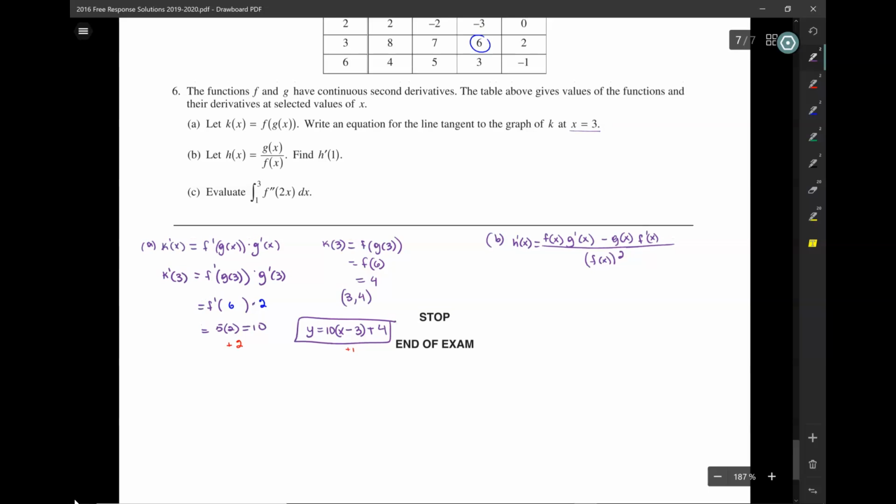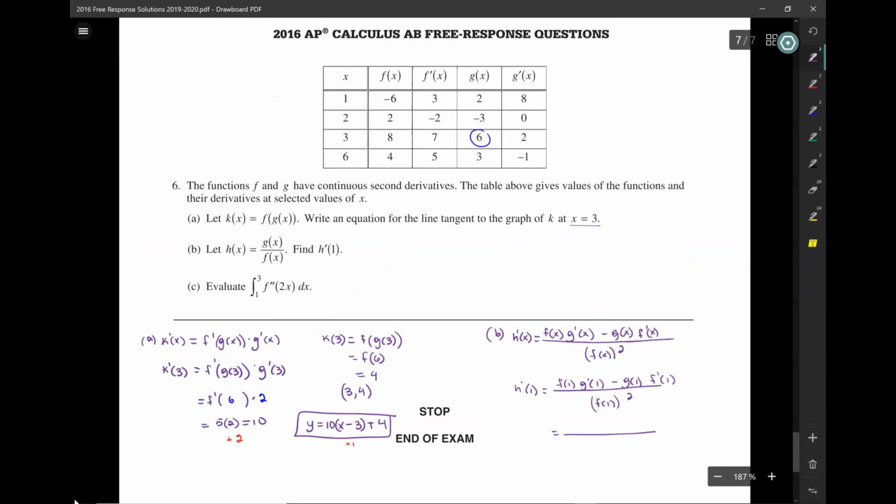All this at 1, right? F of 1, g prime of 1, g of 1, f prime of 1 over f of 1 squared. And then all we need to do is look back. So f at 1 is negative 6, right? G prime at 1 is positive 8.